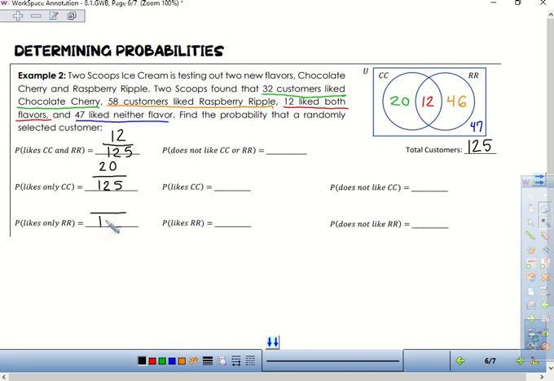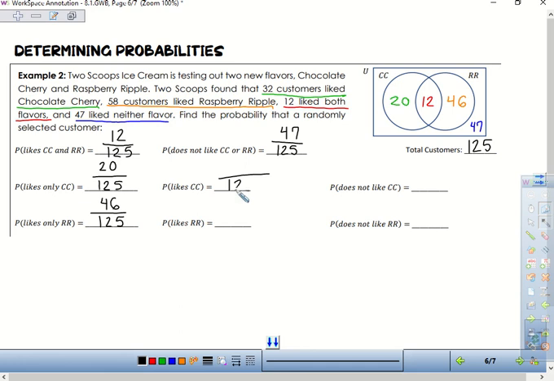Out of 125 people, how many of them liked only Raspberry Ripple? 40. Good. Out of 125 people, how many of them do not like chocolate cherry or Raspberry Ripple? 47.